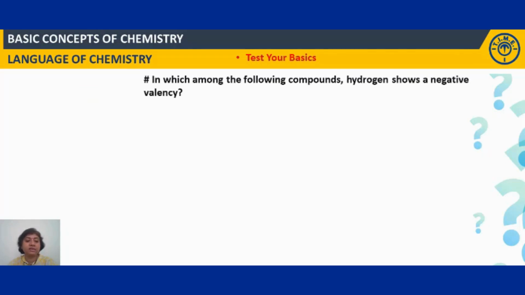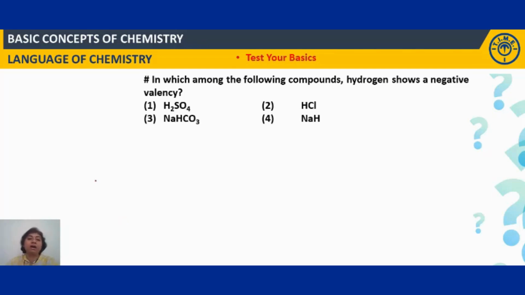Next question is, in which among the following compounds does hydrogen show a negative valency? For this, what we need to have? We need to have the options first. So let's look at the options. H2SO4, HCl, NaHCO3, NaH. Okay.